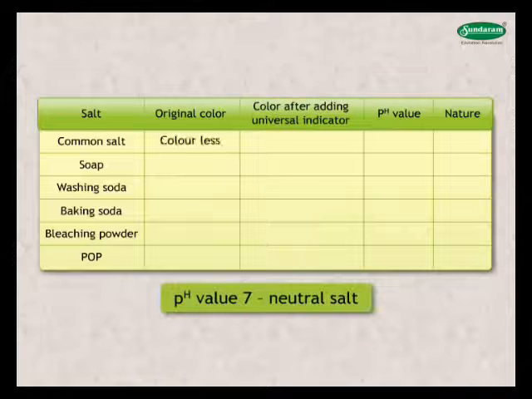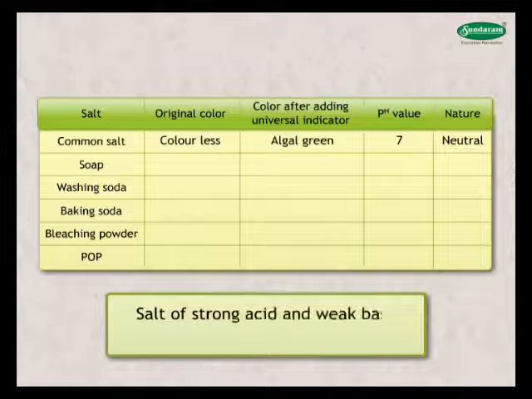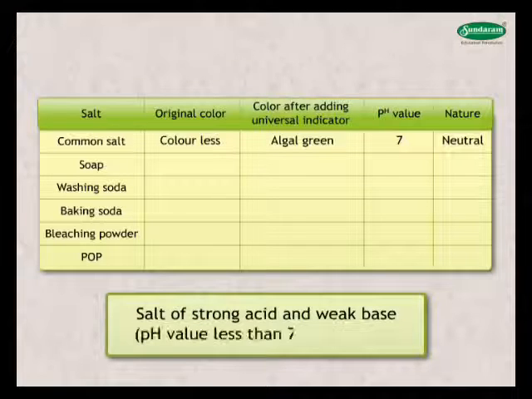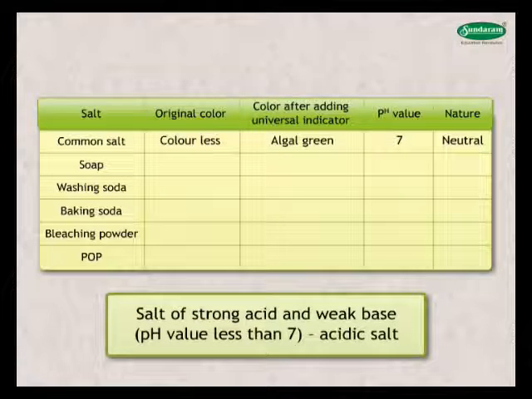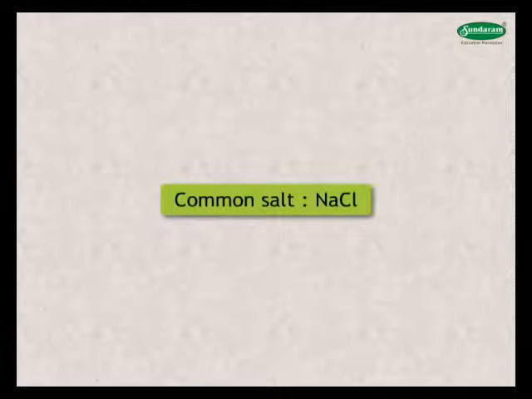When the pH value for the salt is 7, then it is considered to be a neutral salt. Salt of strong acid and weak base are acidic with pH value less than 7. Let us learn about common salt, NaCl.